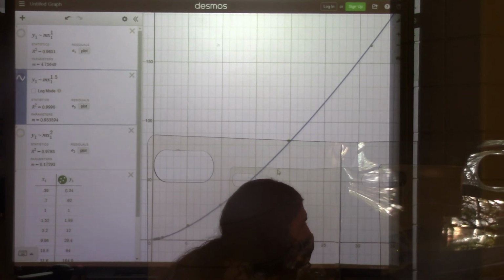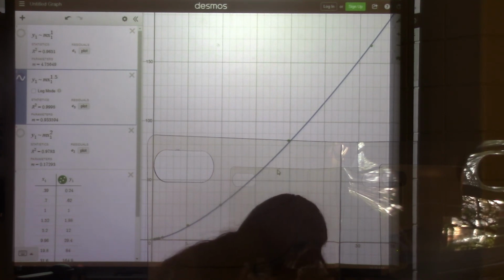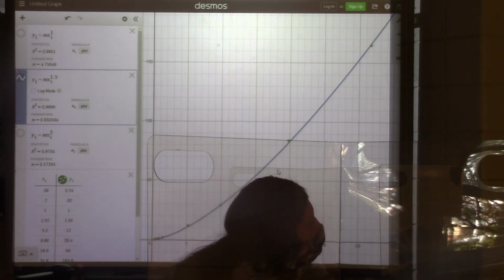I don't particularly like fractions, so what can I do to this side to get rid of the 2, to get rid of the fraction? Can I square both sides? Right, you can. So I'm going to take this whole side and square it. And that's what t squared is equal to some coefficient times a cubed.